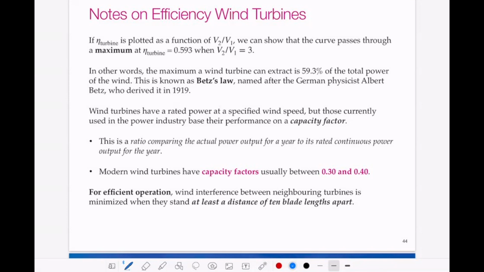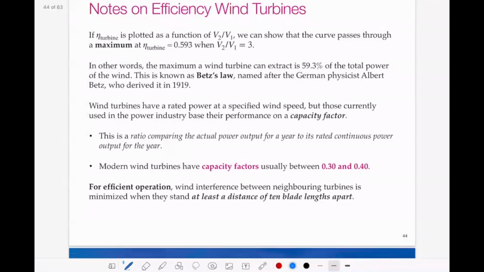So the actual power output for a year divided by if it was running continuously for a year. And the actual is just because there is variation in wind through time. It's not always the same amount of windiness throughout the entire year. So modern wind turbines have capacity factors, and they're usually between 0.3 and 0.4. So the actual power you can extract from running it continuously is only about 30 or 40%.